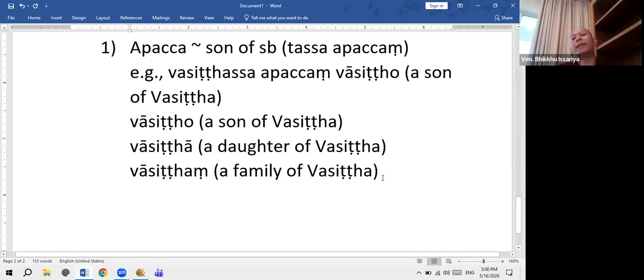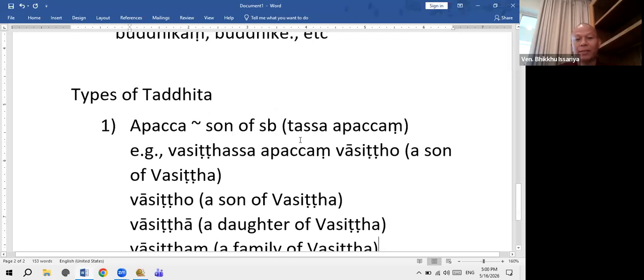So that is one type. Actually, in that group there may be ten suffixes. That is for later. This one is just an outline for the introduction. So one type is Apacca, this one is Apacca Taddhita.